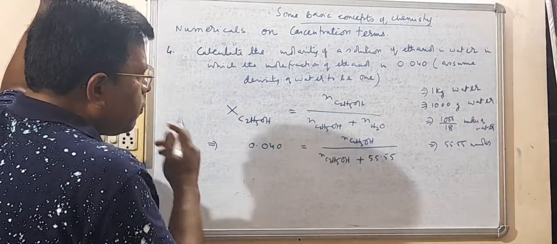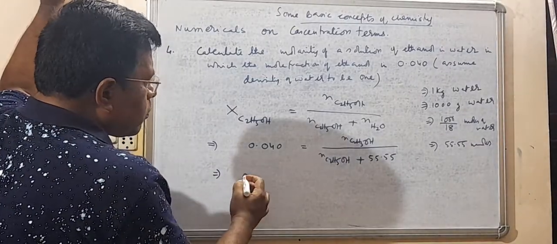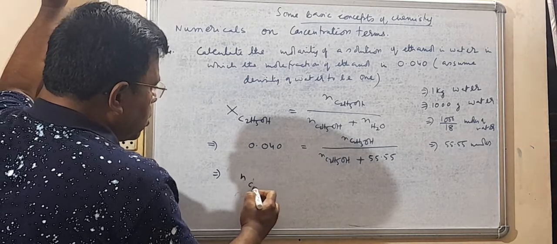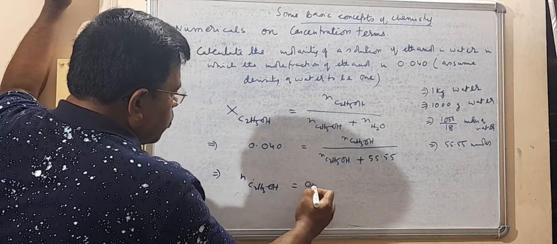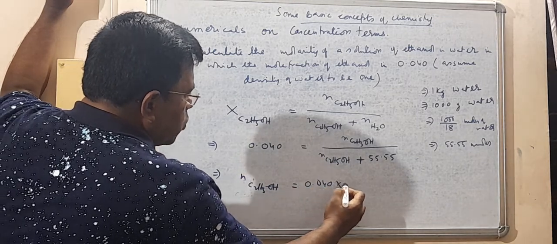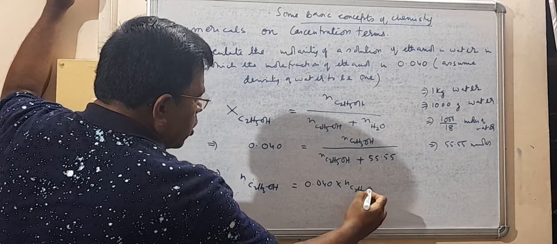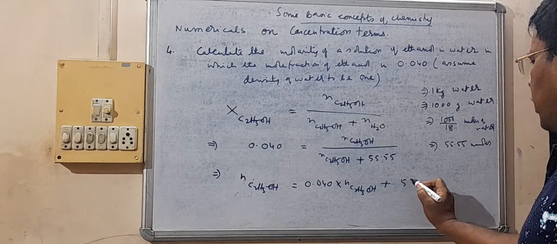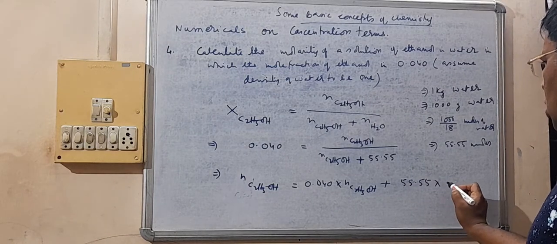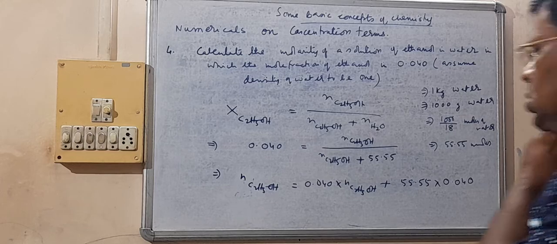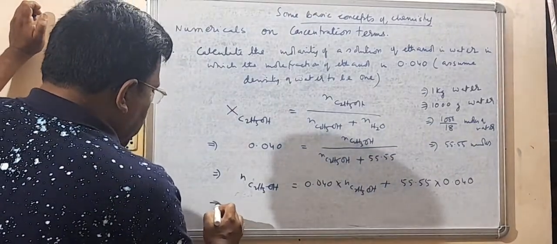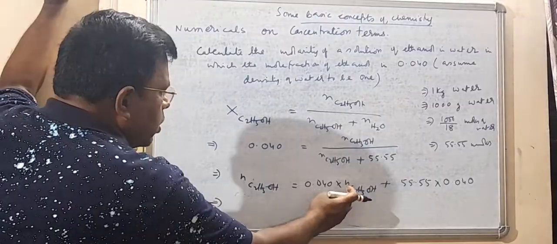So we have to find the value of n of C2H5OH, which will be 0.040 into moles of ethanol plus 55.55 into 0.040. And on rearranging, we will get here, bring this one this side.